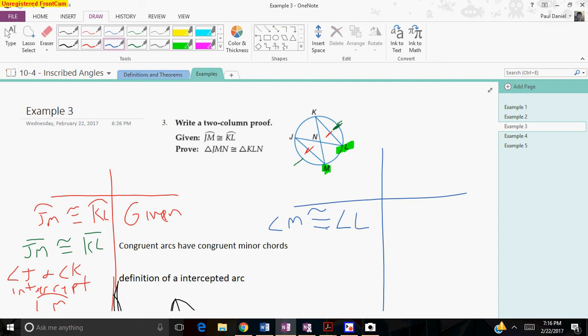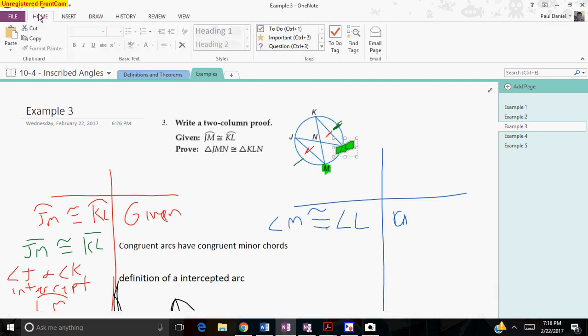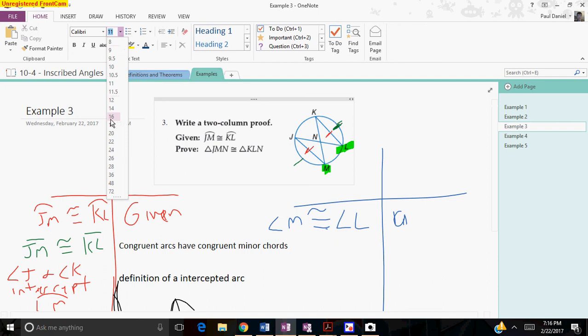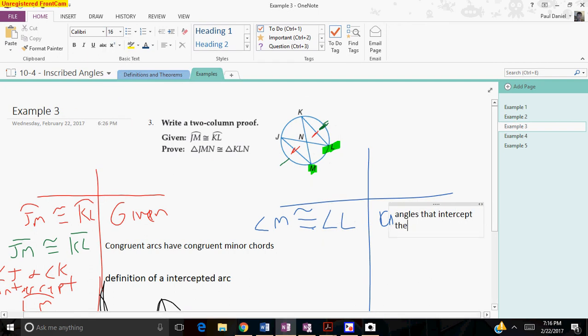Okay. Angles that intercept the same, I'm going to write that over here. Hold on. I'm coming. Hold on. Alright, angles that intercept the same arc are congruent.